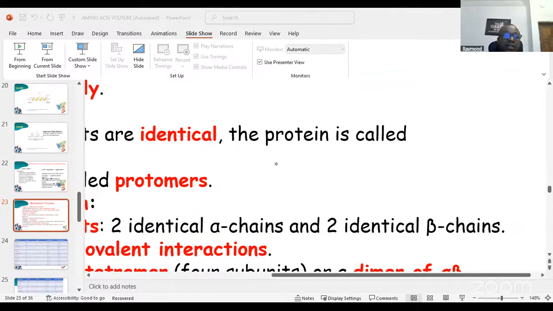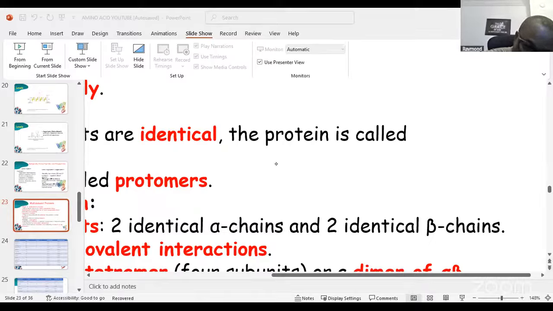I don't know if you can see this. Most times there are reasons for everything. Sometimes, or most times, they will tell us the average molecular weight of an amino acid in a protein is 110.